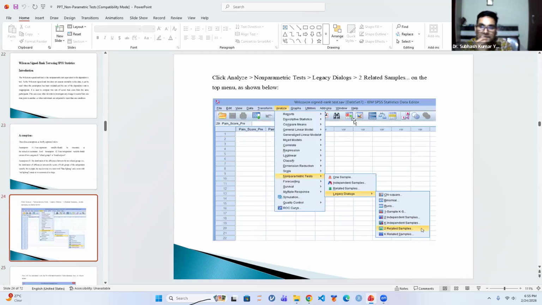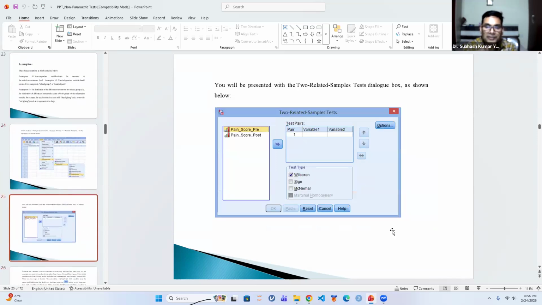So how to perform this Wilcoxon signed rank test on SPSS? Go to Analyze, and there you will see Non-parametric Tests in a similar fashion, and go to Legacy Dialogs, and there you will see 2 Related Samples. Just click on that. So this type of dialog box will be open, similar to the paired t-test.